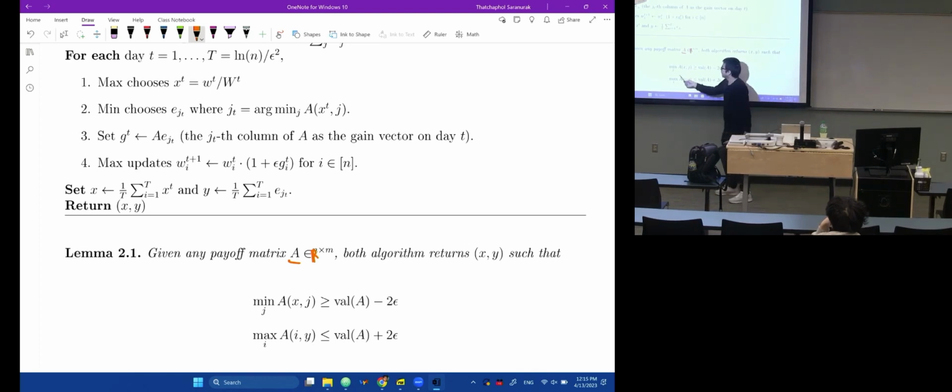That is, this is the payoff of the max player when they choose x. This payoff is almost as large as possible, which is the value of A minus some additive epsilon error. Also y is the strategy for min, and this is almost the best because it's almost as small as the best she can hope for, plus some error here.